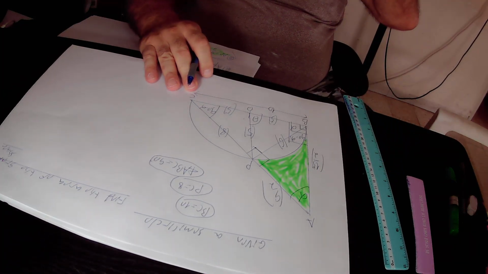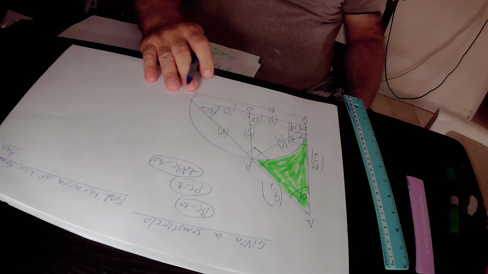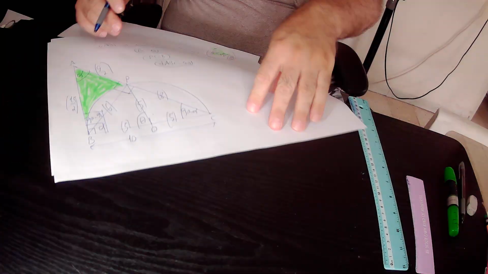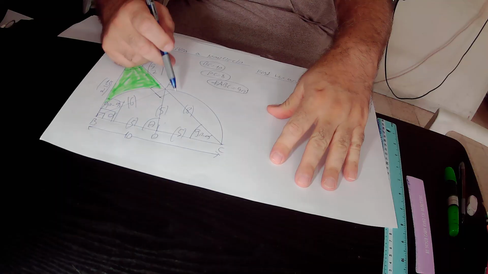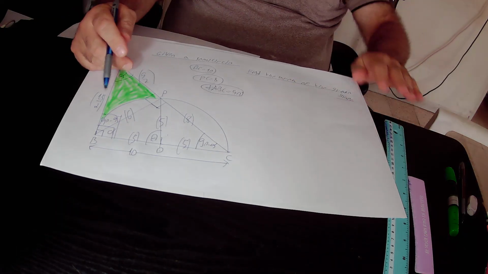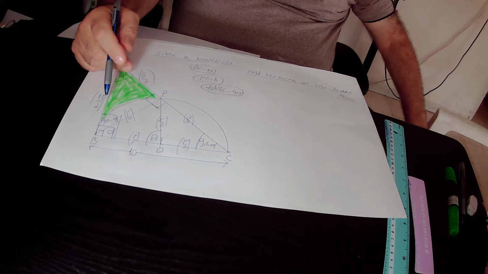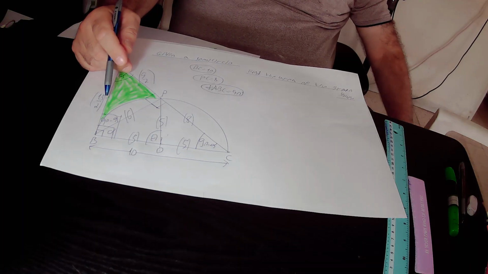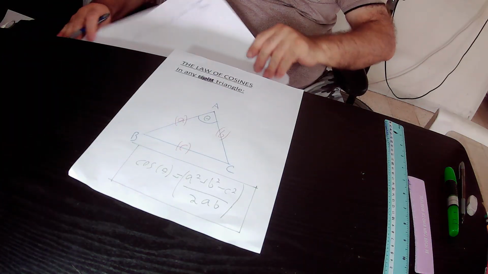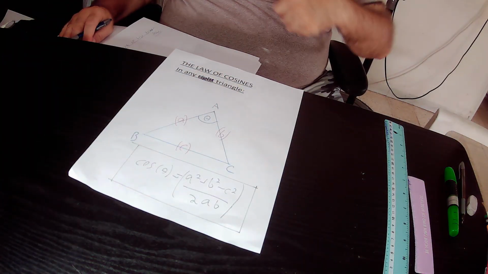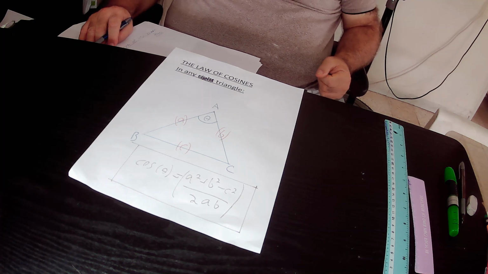So in the next step, I will present to you the law of cosines, and we will implement the law of cosines in this triangle POB. The law of cosines is true in any triangle. So actually this is triangle ABC, that could be any triangle.